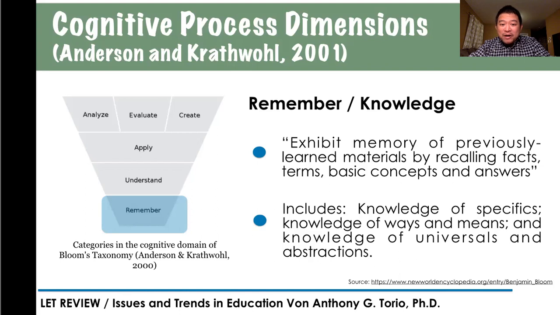And remember is described by the New World Encyclopedia to be exhibit memory of previously learned materials by recalling facts, terms, basic concepts, and answers. It includes knowledge of specifics, knowledge of ways and means, and knowledge of universals and abstractions.